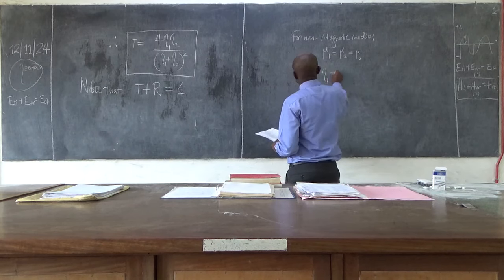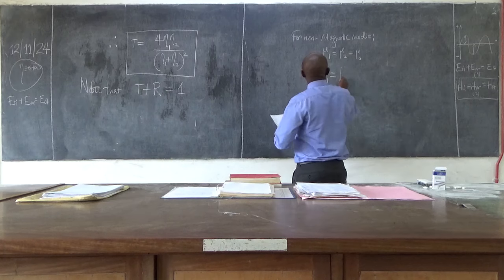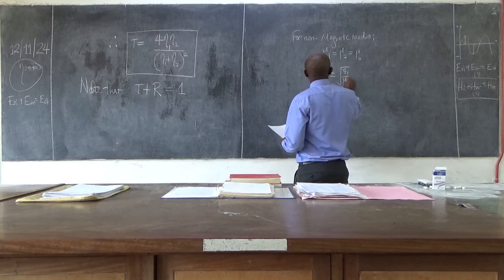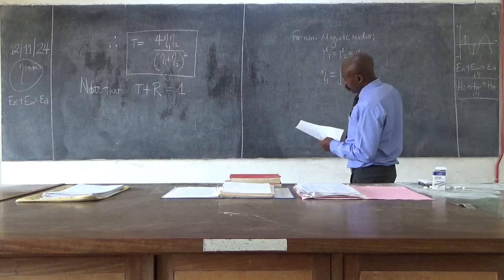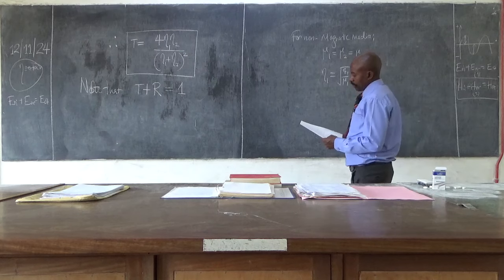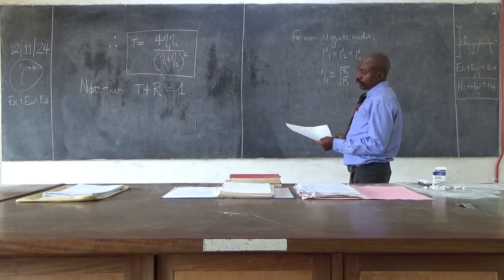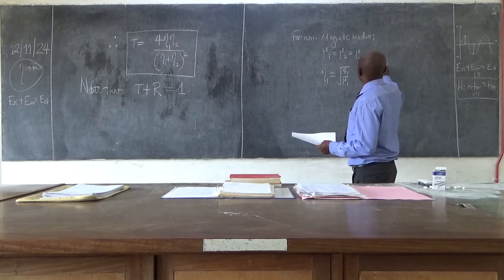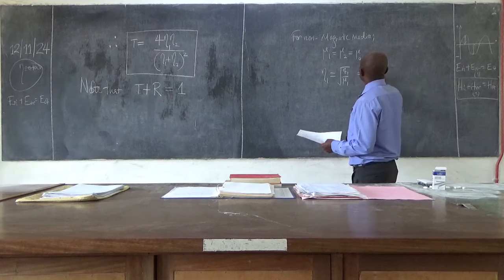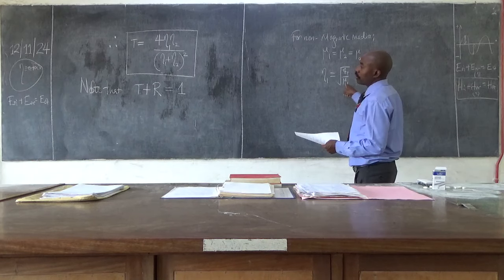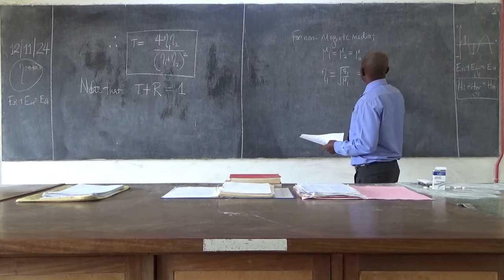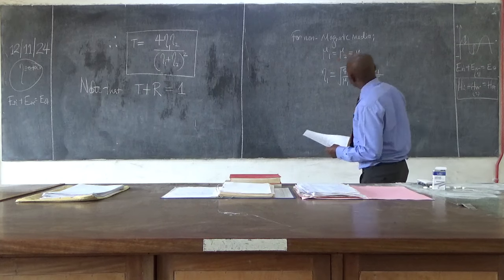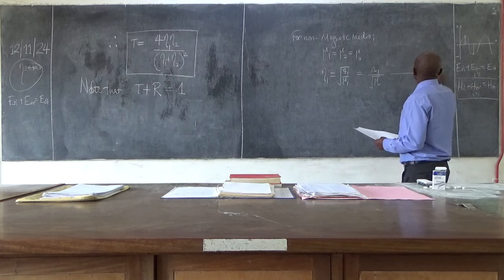Eta 1 will be equal to the root of epsilon 1 over mu 1, and this would be the same as the root of epsilon 1, which we said is equal to n1, the refractive index, over root mu naught. So this will be equation 15.